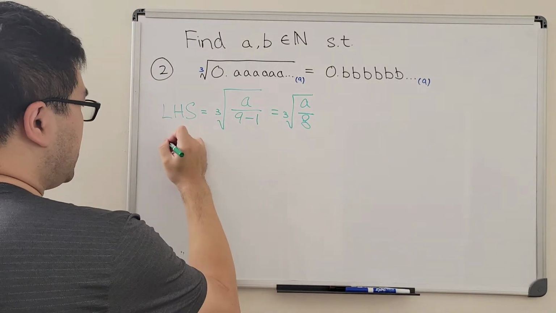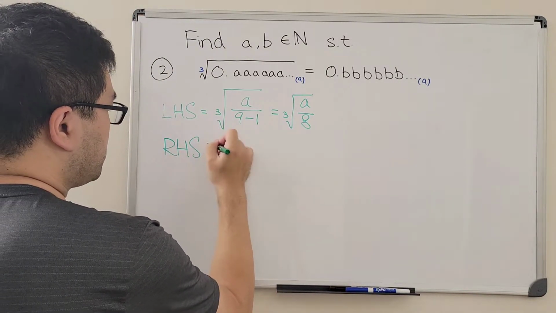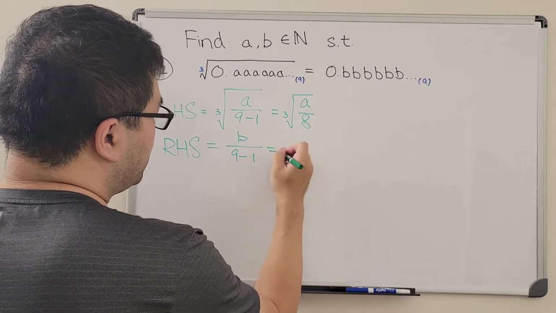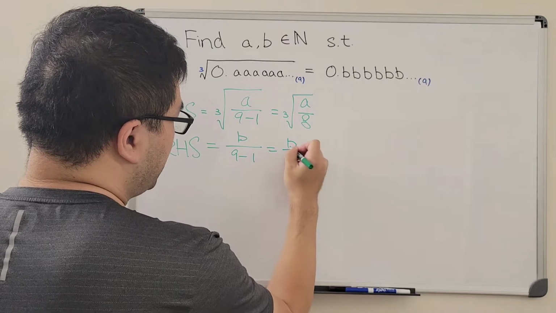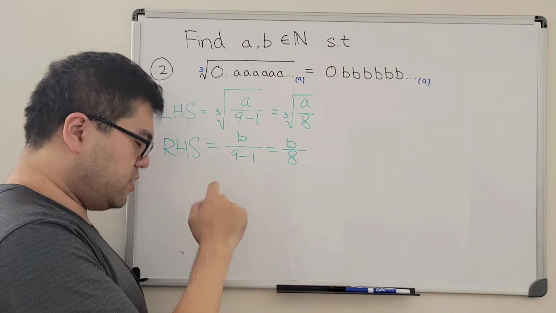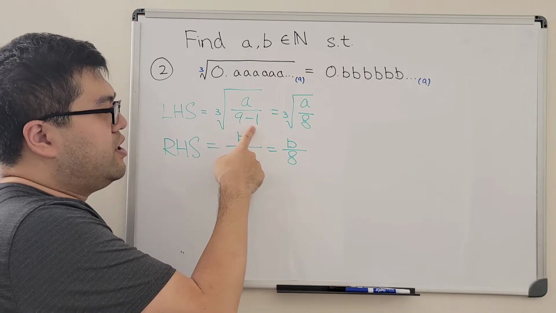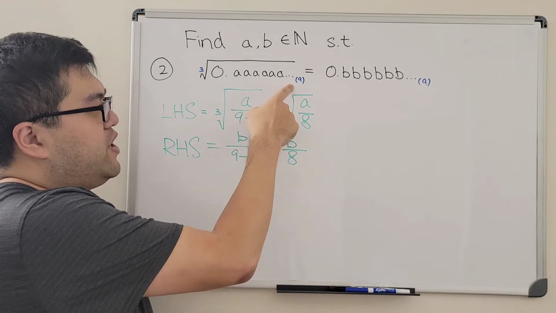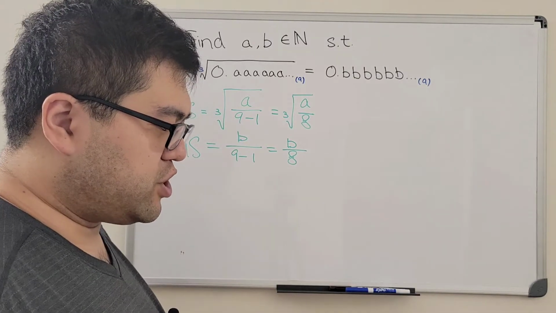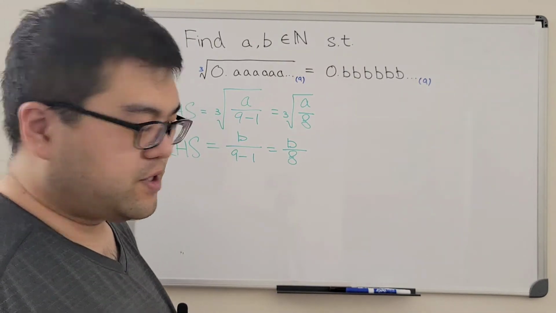And then the right-hand side is, of course, just b over 9 minus 1, which, if we simplify, we'll get b over 8. And again, why can we immediately tell the denominator is equal to the base minus 1? Again, it is because of the geometric series that we found.